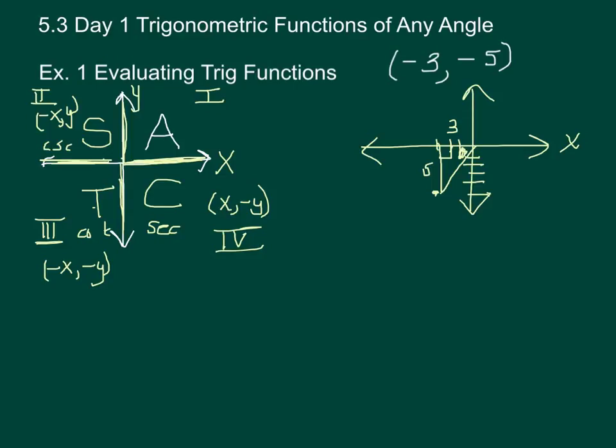Well, if you notice, we're missing our hypotenuse. So I'm going to do -3 squared plus -5 squared is equal to, and you could think of the hypotenuse as your radius.